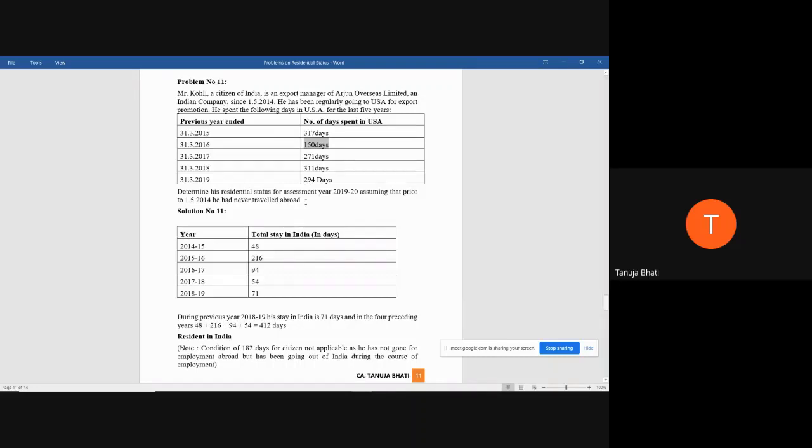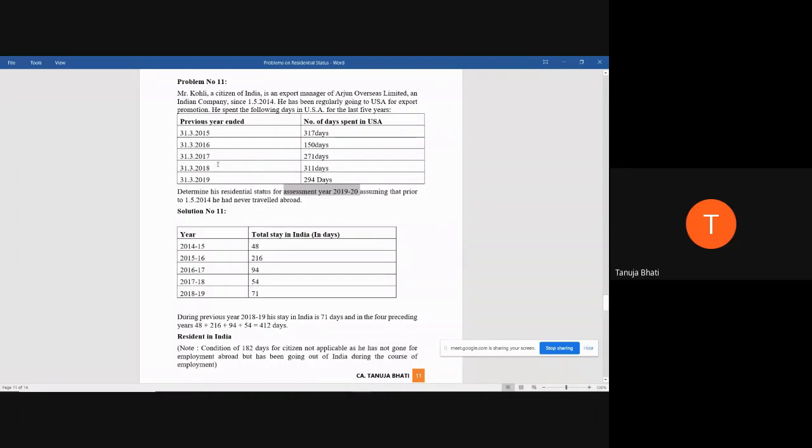So how to determine the residential status? We first find out the first basic condition. The first basic condition says that his stay during the previous year should be 182 days or more. Now, if they have given the assessment year as 2019-20, what is going to be the previous year? The previous year is going to be 2018-19. So we have to check whether in 2018-19 his stay in India was for 182 days or more.